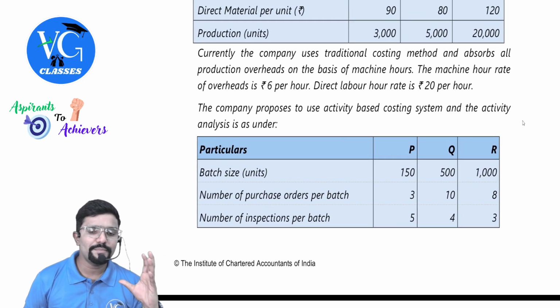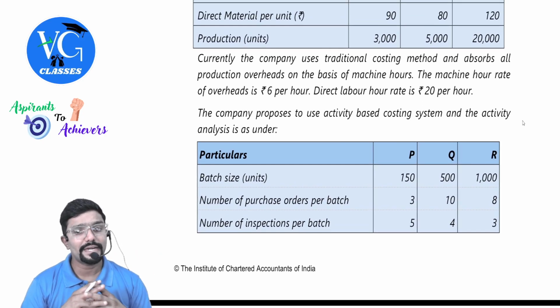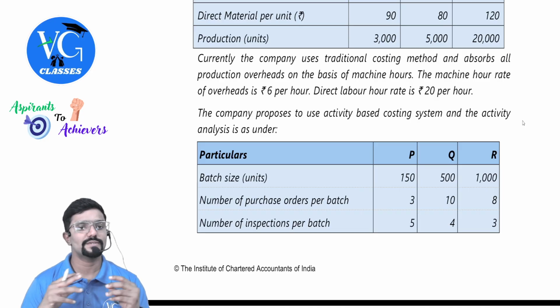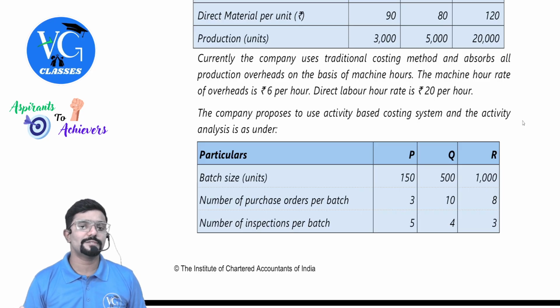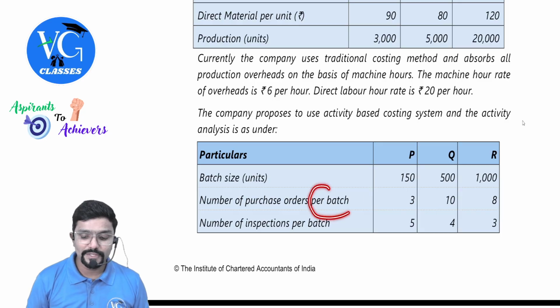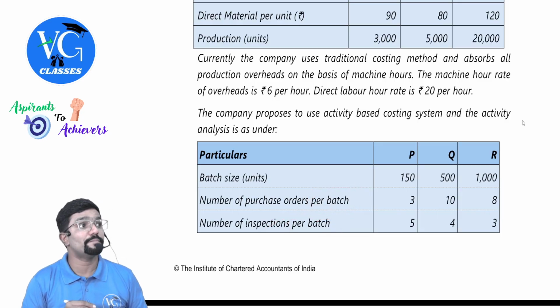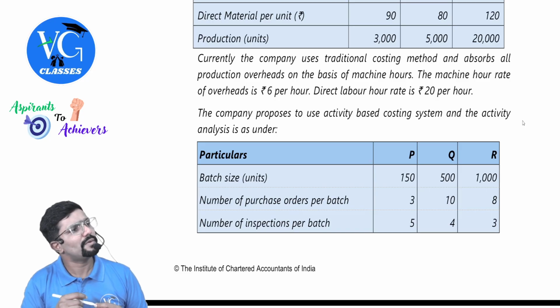Next, the company proposes to use the activity-based costing system and the activity analysis is as under. Batch size in units. So they are producing in batches. In each batch, how many units are there? 150, 500 and 1000. Number of purchase orders per batch and number of inspections per batch, both are given per batch. Now can we calculate the number of batches?